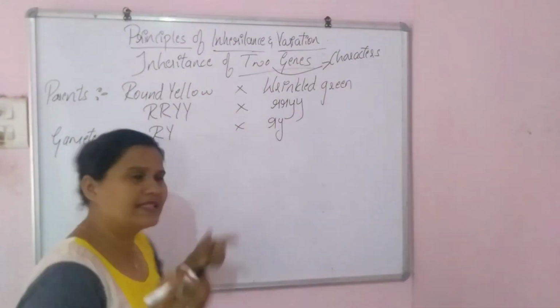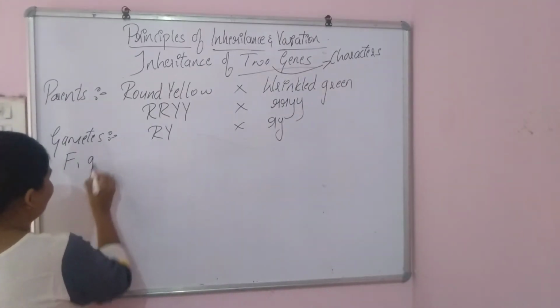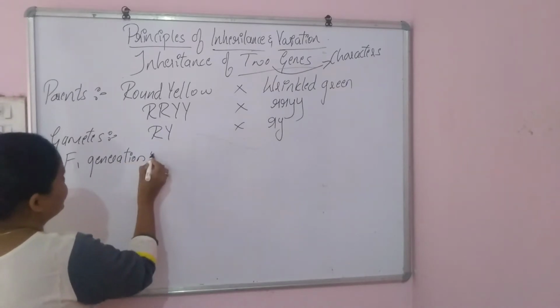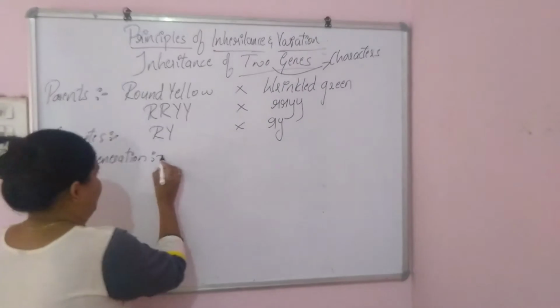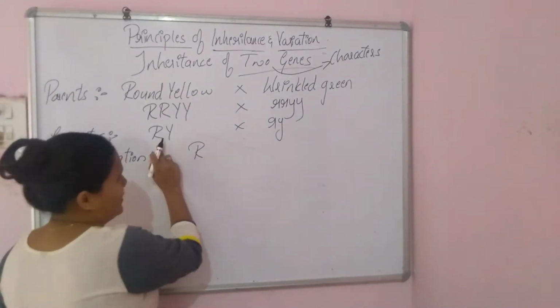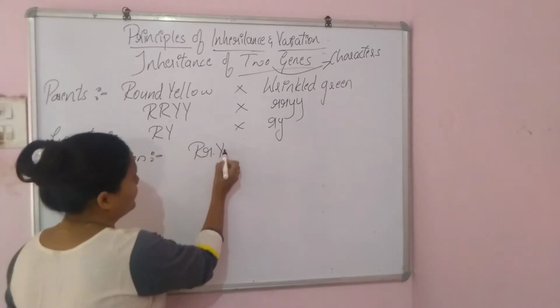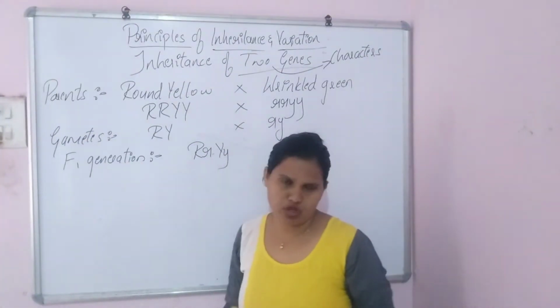Okay, let's cross this. So the F1 generation is the cross between capital R Y and small r y. The offspring we get is capital R small r and capital Y small y. Okay, so this is the F1 generation.